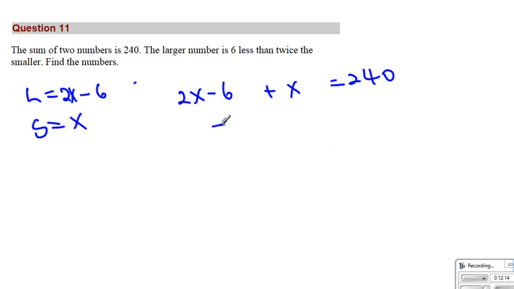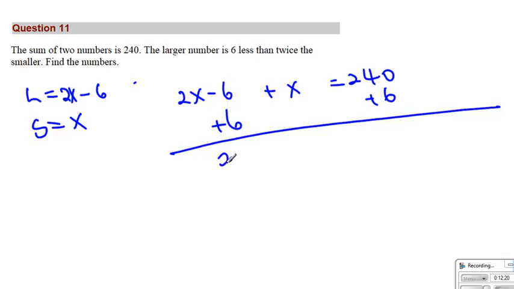Now, when you add 6 on each side, you end up getting 2x plus x is equal to 246. Now, when you combine them 2x and x, we end up getting 3x is equal to 246.